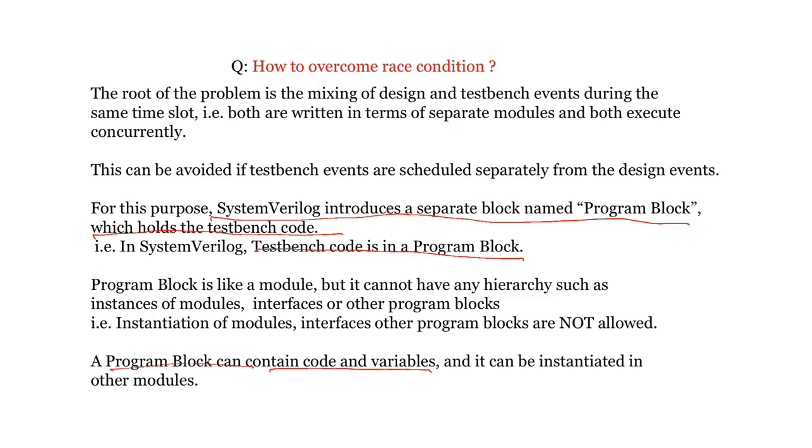But it cannot have instantiations of any module, any interface instantiations, or any other program block. That means another test bench code is also not possible to be inserted into this program block. What you can have is the input and output variables, and some functional code and variables.